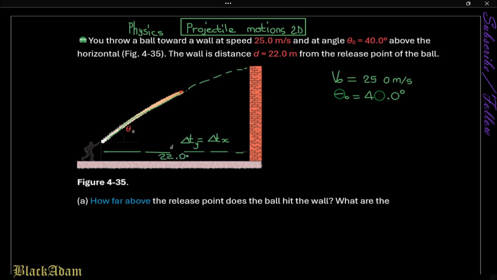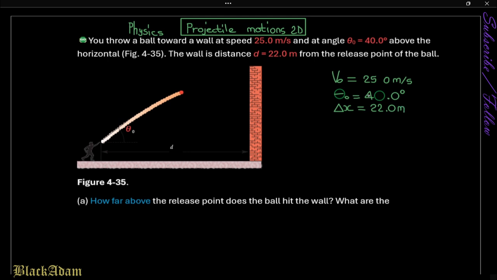So we know that we have 22.0 meters for our range, and we want to get the time for the horizontal motion, so that we can apply the same time to the vertical one and get our answer.